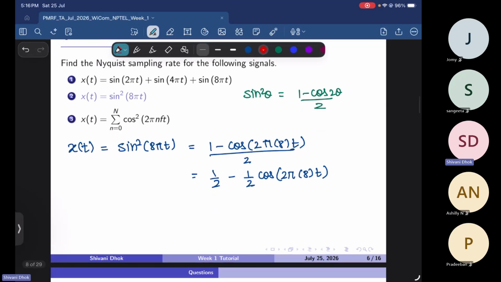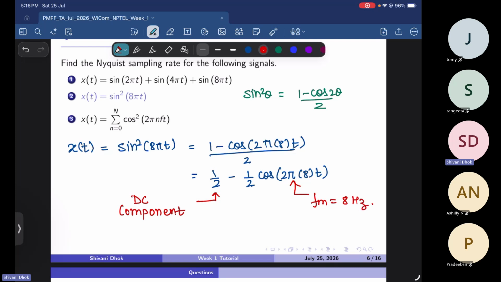So here this half is essentially a DC component, and the frequency of a DC component is 0. And this other term is an AC component, and the frequency of this sinusoid is FM, which is 8 hertz.